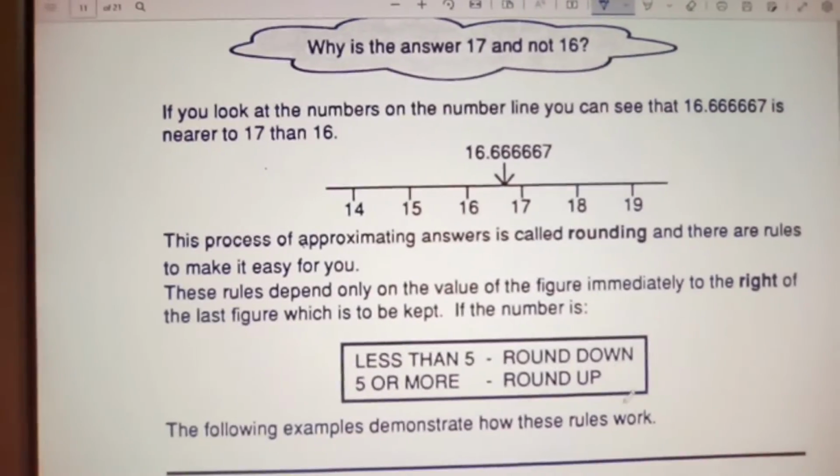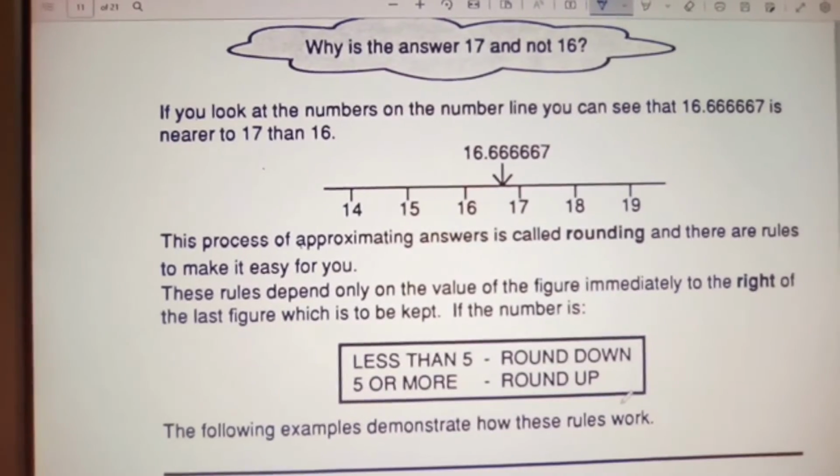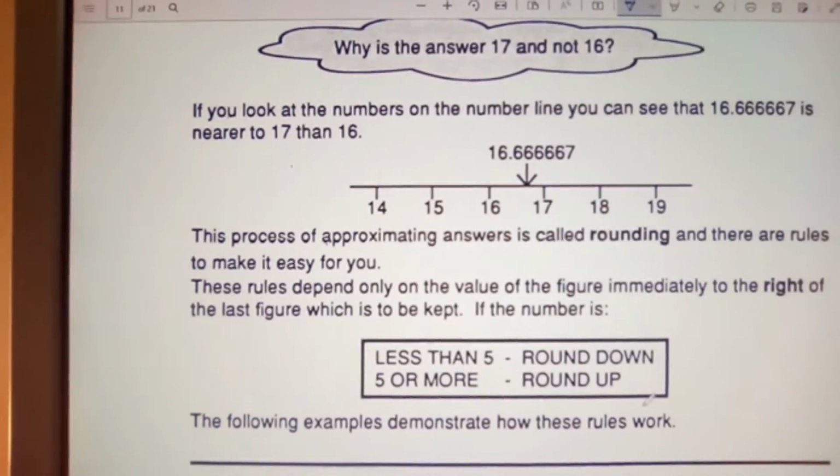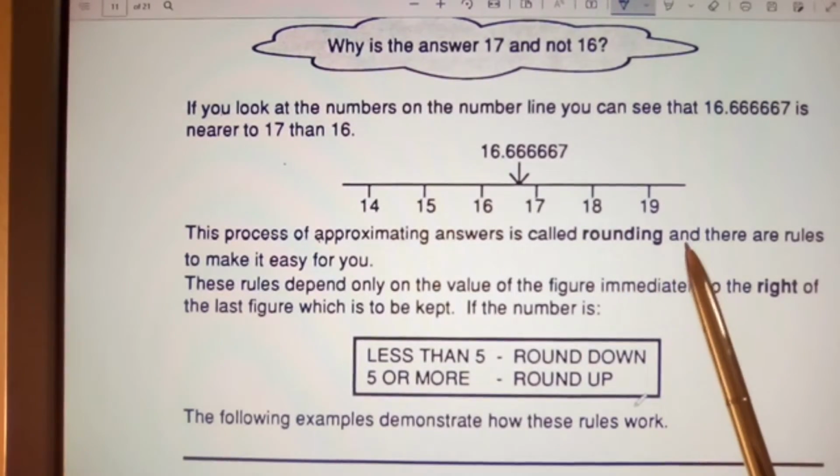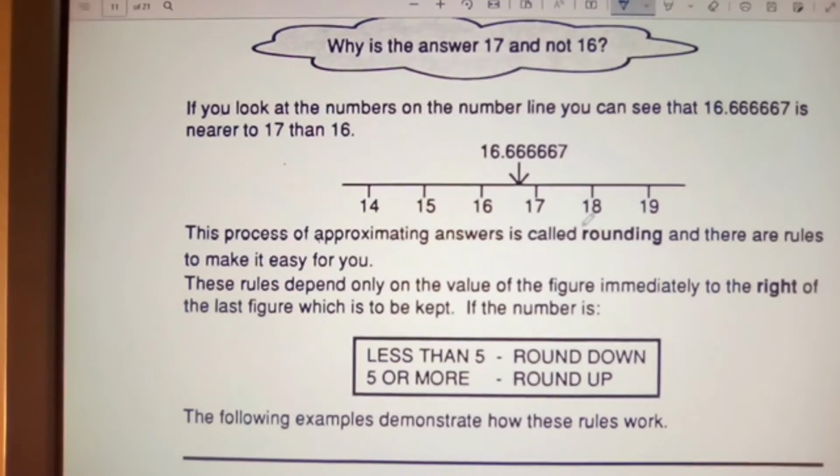Okay, now this process of approximating an answer is called rounding. It's called rounding. Okay, rounding, not grounding, rounding.